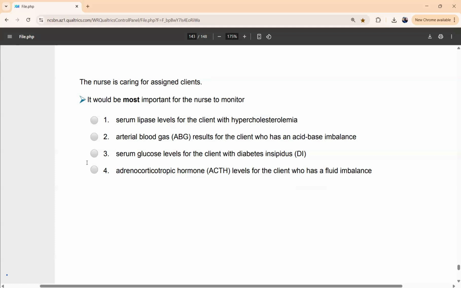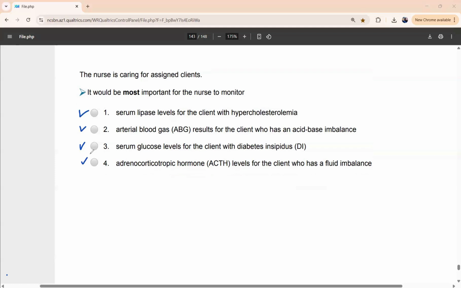The key thing that NCLEX is trying to test here is what we call monitor. Because we have client one, client two, client three, client four, we are trying to monitor. So you need to understand what we are monitoring for.